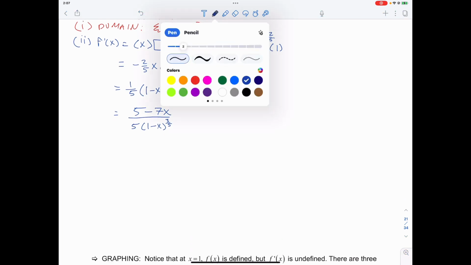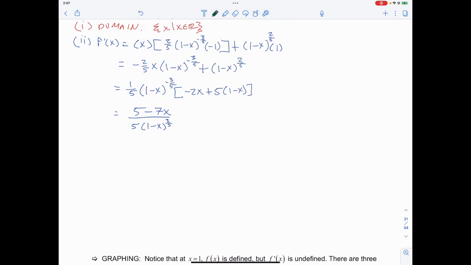For step 3, we're going to do the critical numbers. And I'm going to pull from the numerator, where 5 minus 7x is equal to 0. I'm going to pull from the denominator, where 5 times (1 minus x) to the 3 over 5 is equal to 0.